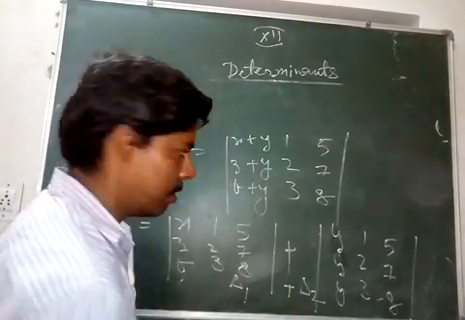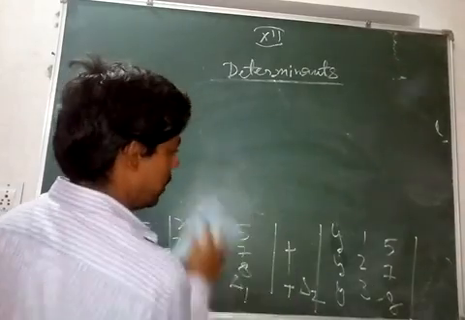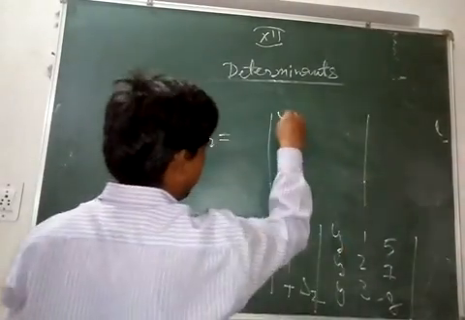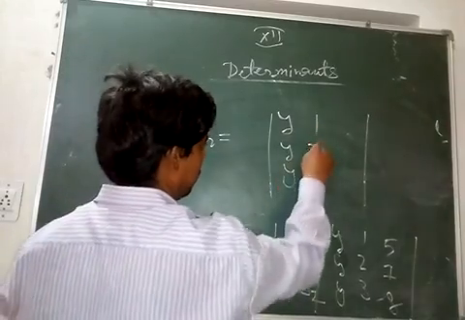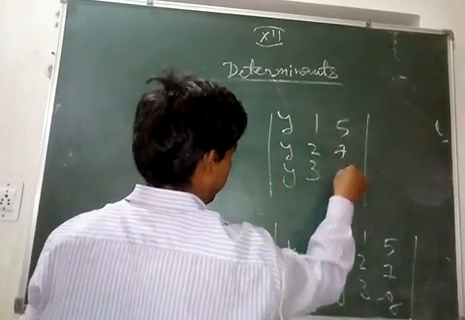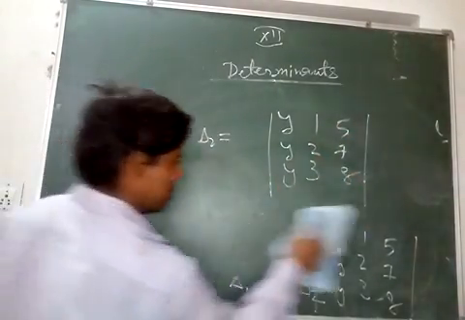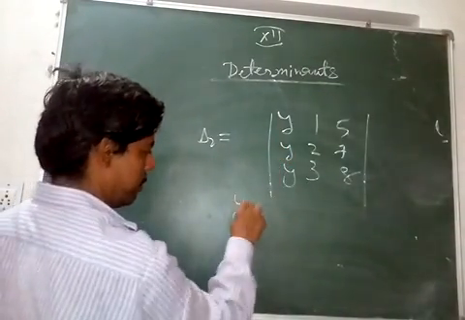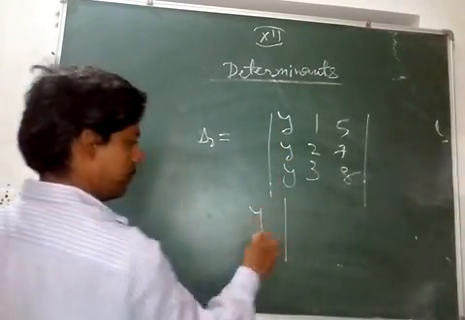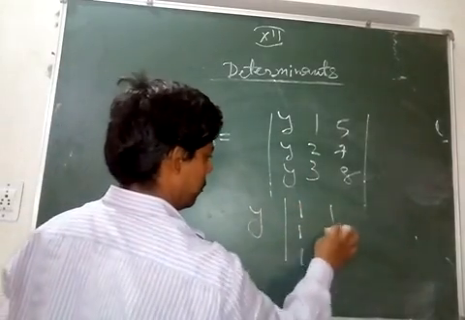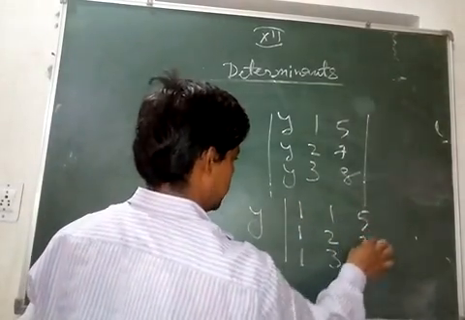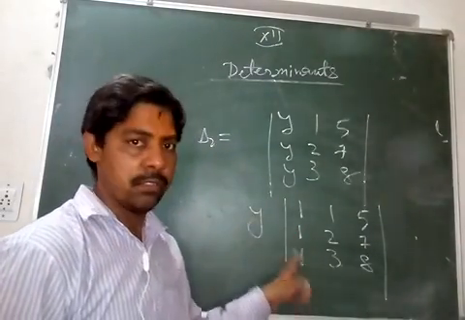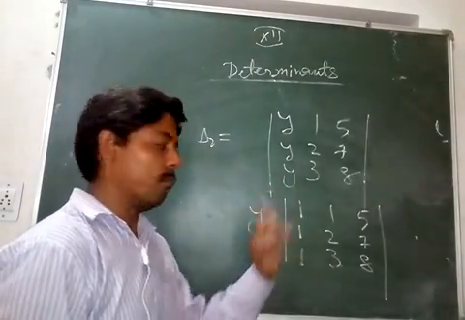So let us solve delta 2 here. Delta 2 is, we are getting y 1 2 3 5 7 8. So I am just solving delta 2 here. In delta 2, from column 1 I can take y common. I get 1 1 1, 1 2 3, 5 7 8. Now in order to simplify, we want to get 0 here and 0 here, so that we get 2 zeros, then it is easy to expand along 1.